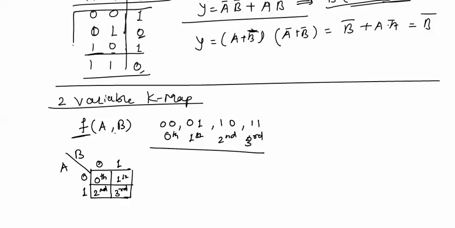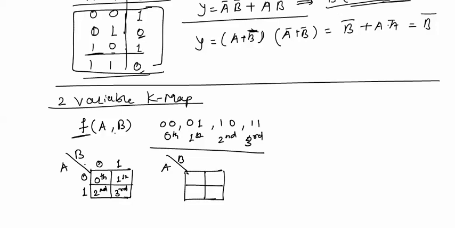In the truth table shown above, the K map can be solved. This 0 will represent B bar, this 1 will represent B, this 0 will represent A bar, and this 1 will represent A. Now these values can be plotted in this K map.